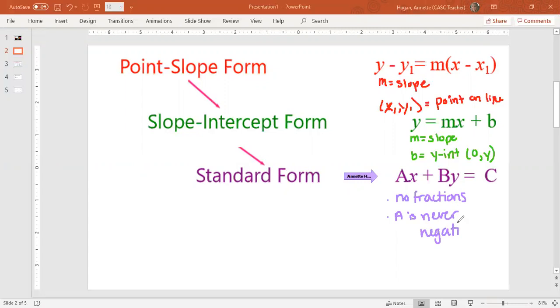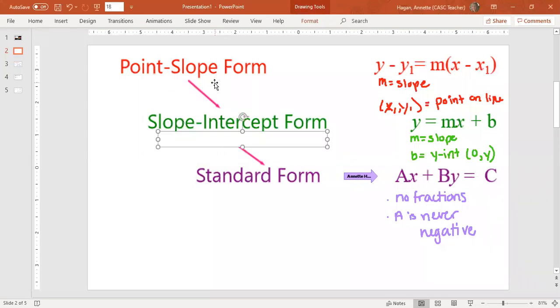So you can be asked to write any of these equations at any given time, given the other type of equation, given 2 points, given a point and a slope. It just depends. So point slope is kind of like our starting one, our go-to one that we had to remember.